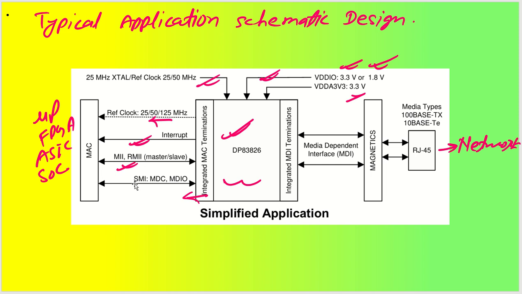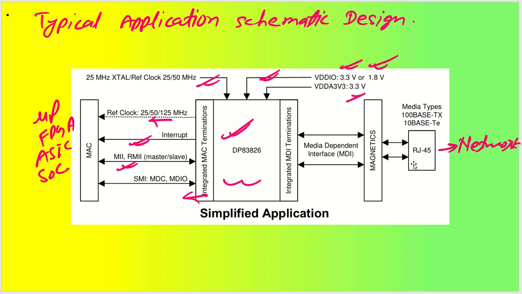Then it has SMI also, the station management interface, through the MDC pin and MDIO pin. This is a 2-wire interface, nothing but management data clock and management data IO. Then it has a reference clock as well, so this is how it will interface with the MAC.